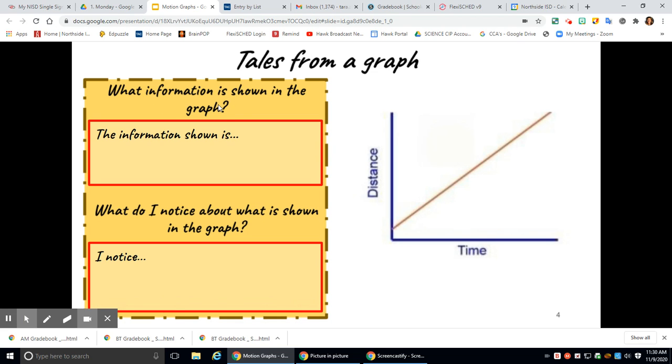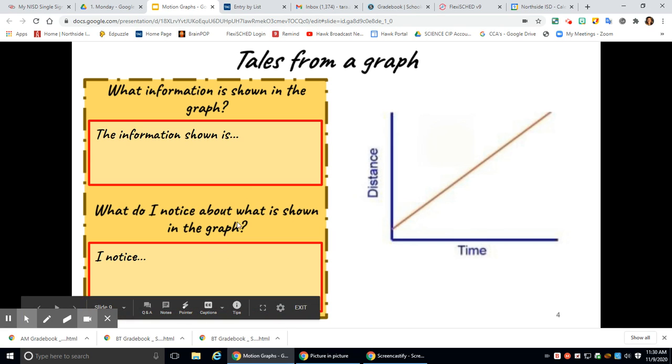Tales from a graph. What information is shown in the graph? The information shown is, and you would type here. What do I notice about what's shown in the graph? I notice, and type here.